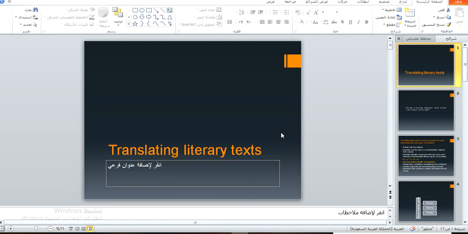Also, we mentioned some strategies such as addition, deletion, paraphrase, etc. All these are considered as the translator's means, which he or she uses to produce a very comprehensive natural text.